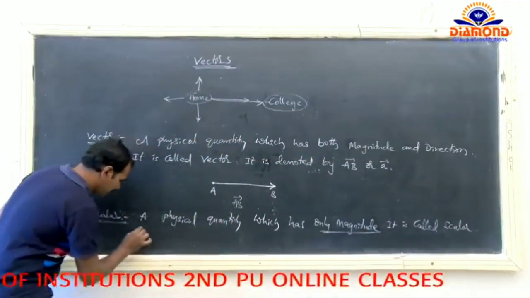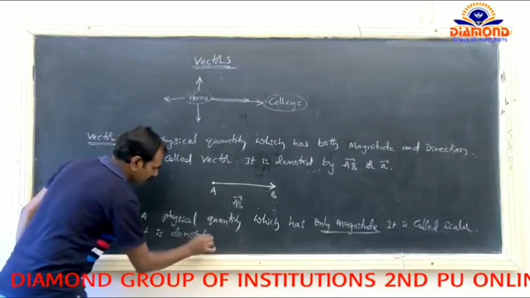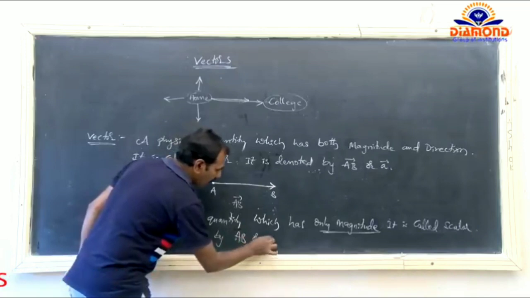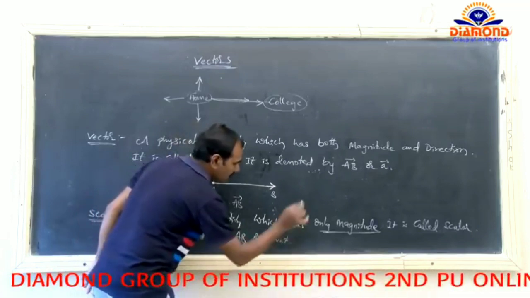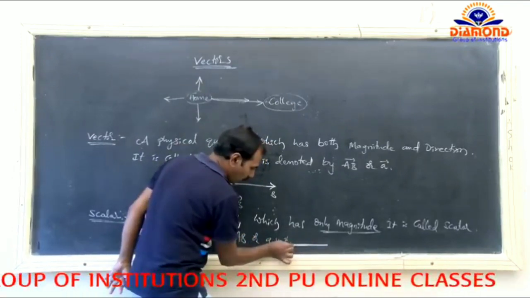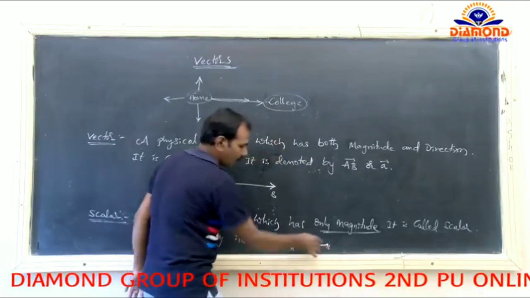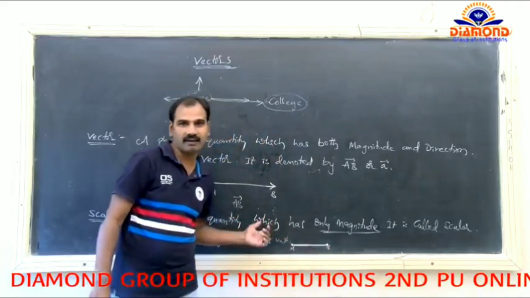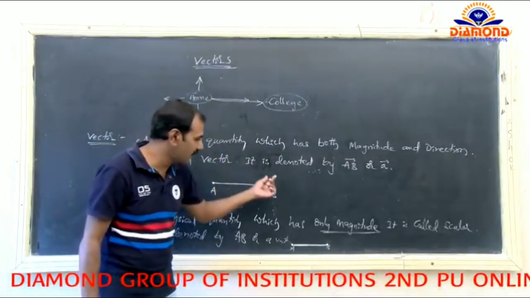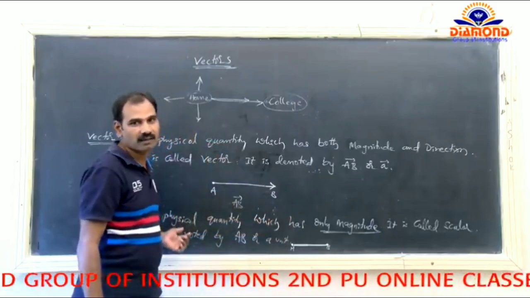Only magnitude, it is denoted by AB or only units, like that. It means only a line segment from A to A. So it is a scalar. So vector and scalar: if the magnitude as well as direction, it is a vector. Only magnitude, it is a scalar.